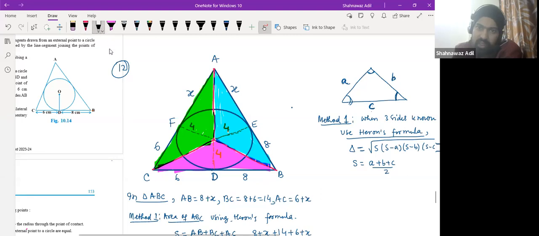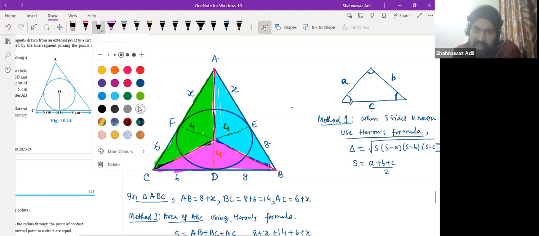Yes. So we know what would be the method to calculate the area.